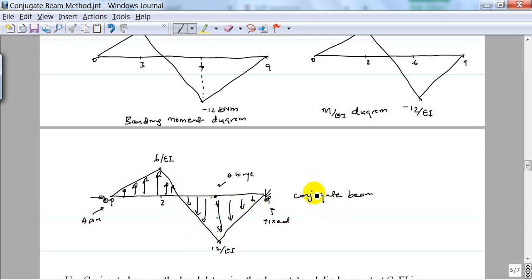Okay, so now this is the conjugate beam. If you consider this conjugate beam, there are 2 reactions here, 3 reactions here, so it looks like we can't solve this, but one thing we can do is break at this point B. You can break the beam at point B because there's no moment at point B, so you can convert it into 2 sections, and then you can find relevant equations for shear force and bending moment.